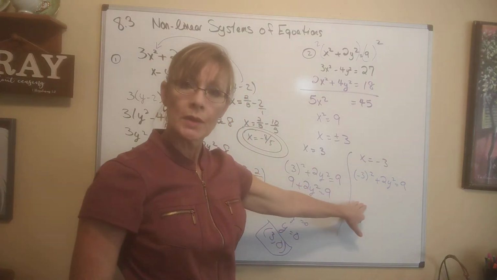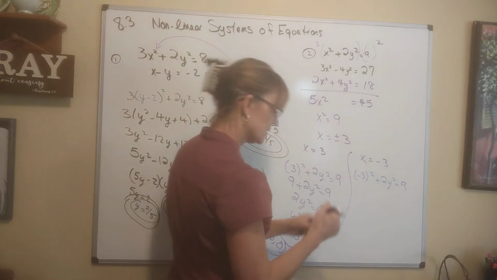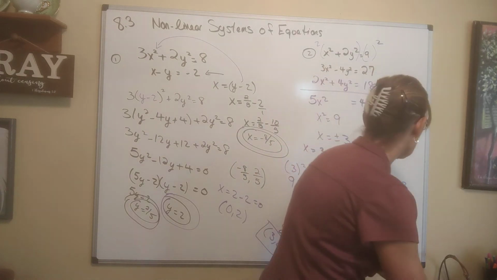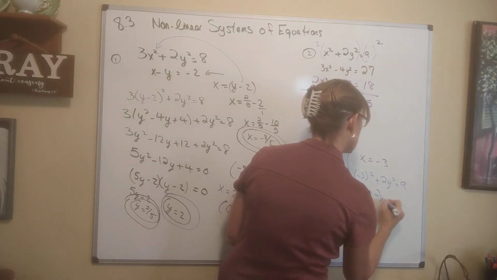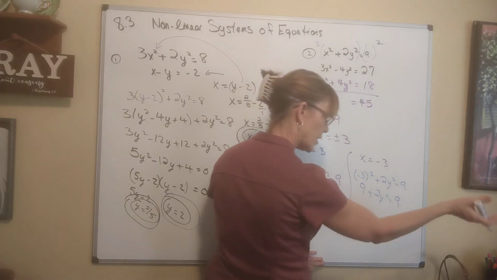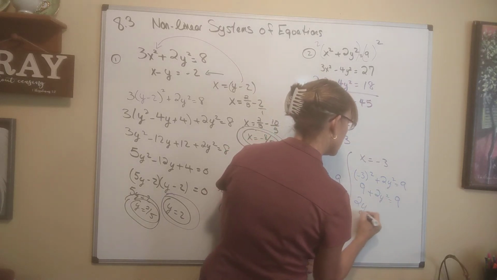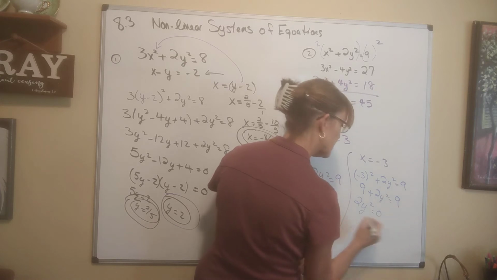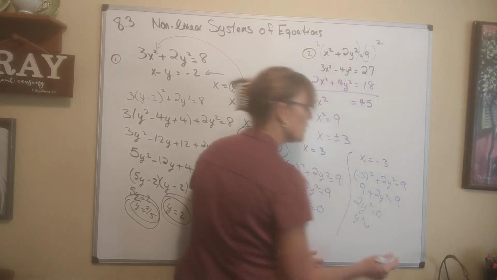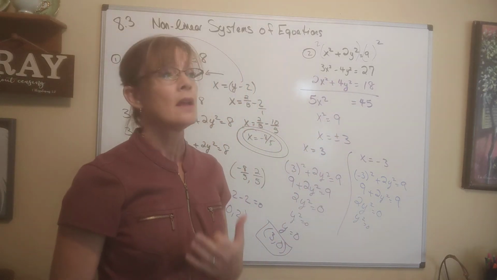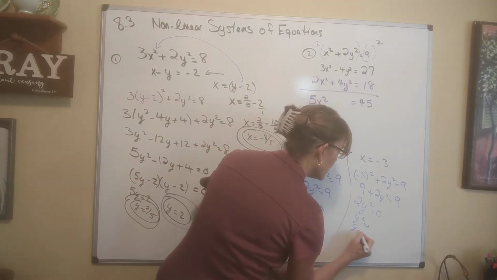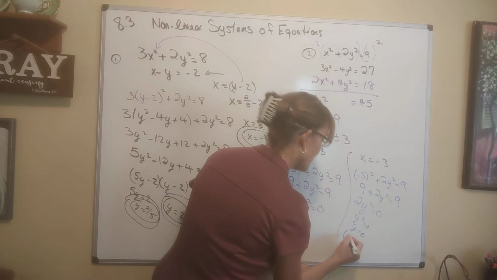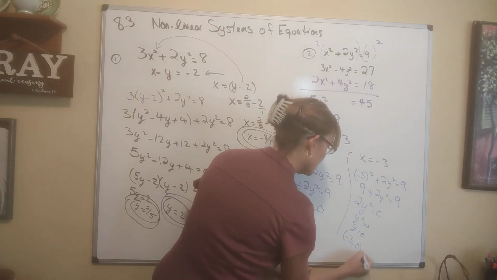Okay, over here, when x is negative 3. Negative 3 squared is 9. Okay. 9 plus 2y squared is 9. Subtract 9 from both sides, we get 2y squared is 0. Divide by 2, we get y squared is 0. Take the square root of both sides. 0 doesn't hold a sign, so we're just going to get y is 0. So this tells us that when x is negative 3, y is 0.